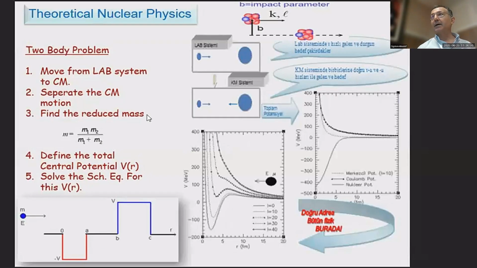This is the effective potential here for different L values: L equals 0, 10, 20, 30, 40. Now, for L equals 0, there is no repulsion, but when L increases, you see the pocket disappears and it becomes a completely repulsive potential. Now, let me show you this effective potential.